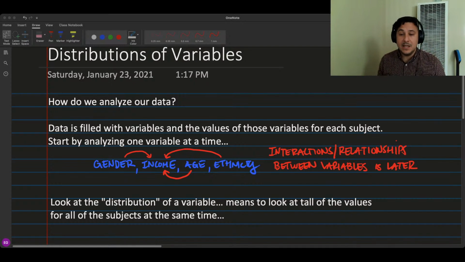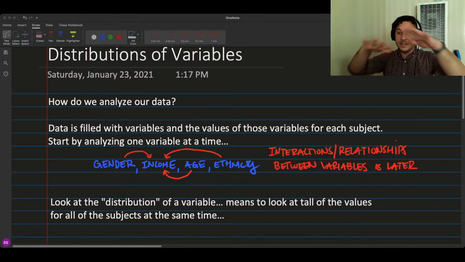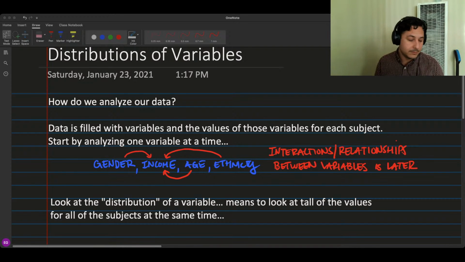Say you're looking at income: you look at all of the information about all of the incomes for all the different people in your data set, and you try to figure out what all that information is telling you. That's called looking at the distribution of the variable. You're taking into account all of the income information you have, or all of the age information you have. It's a big analysis where you're looking at all of the information you have about that variable.